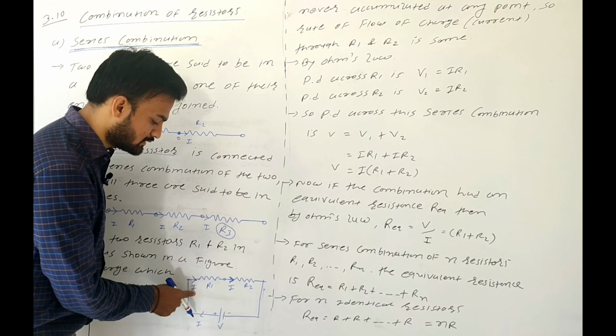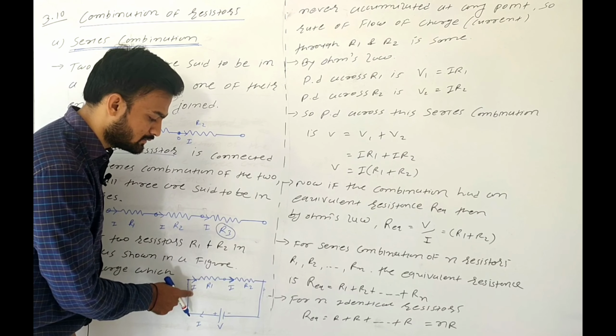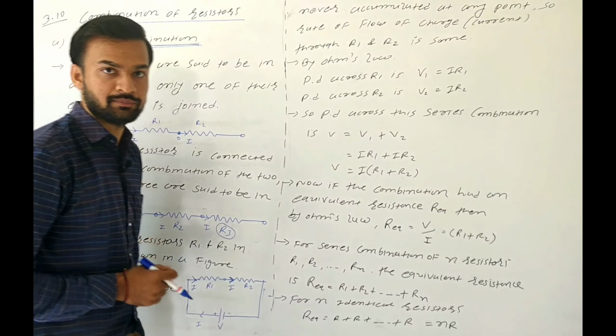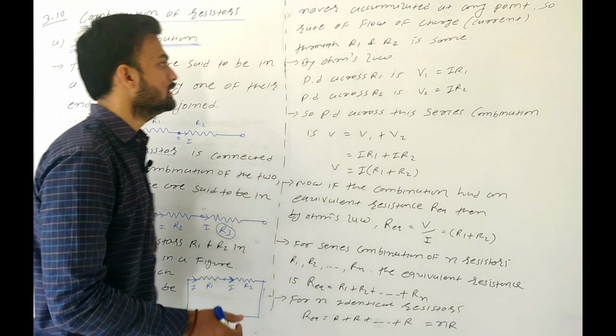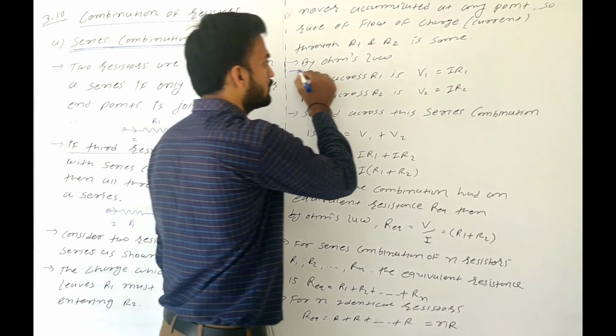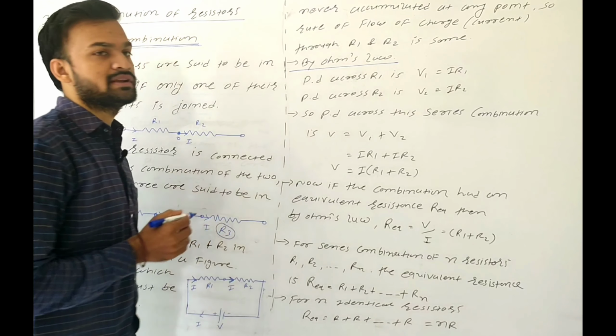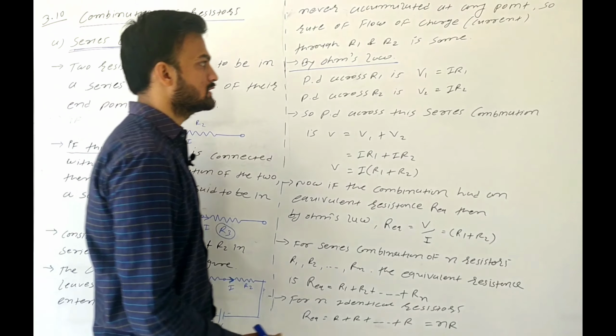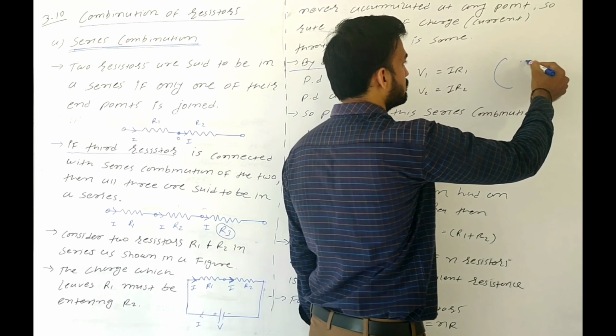So the current flowing through R1, which is I, must be the same in R2.